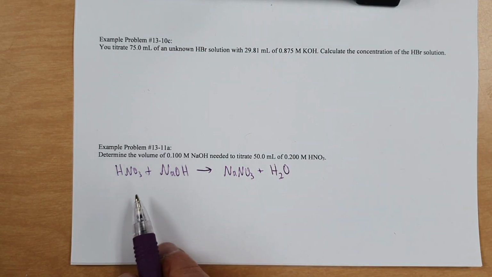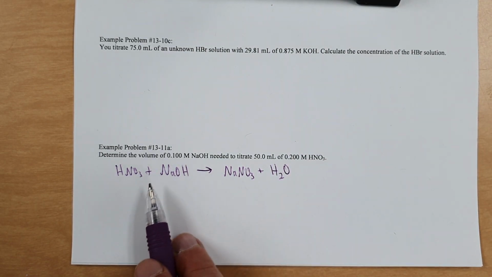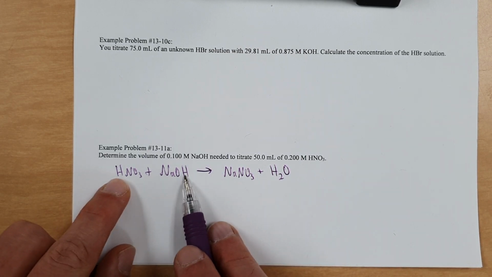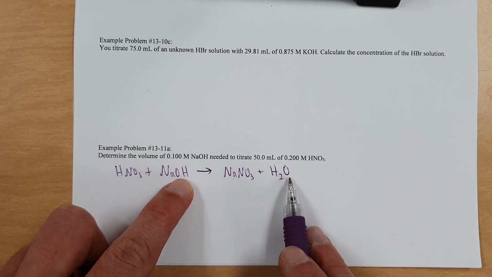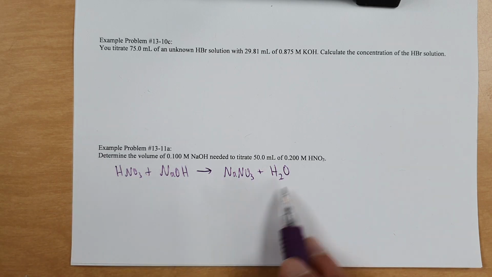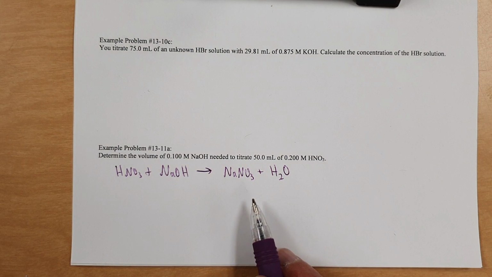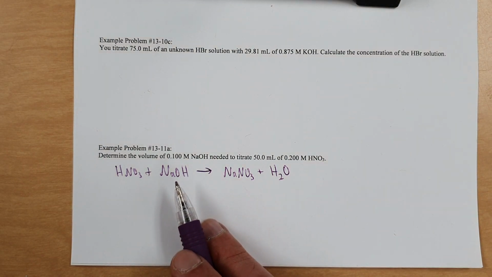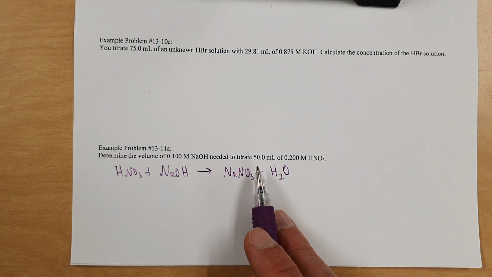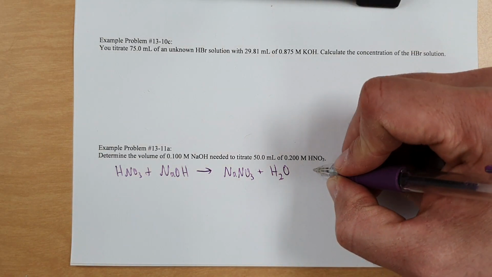So there you go. Now, that being what it is, 2 hydrogens, 2 hydrogens, 1 nitrate, 1 nitrate, 1 sodium, 1 sodium, 1 oxygen, 1 oxygen. So it's already balanced as written. We don't need to balance this at all. It's already done.